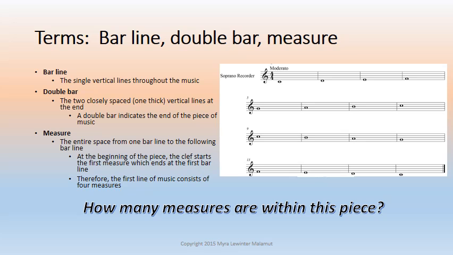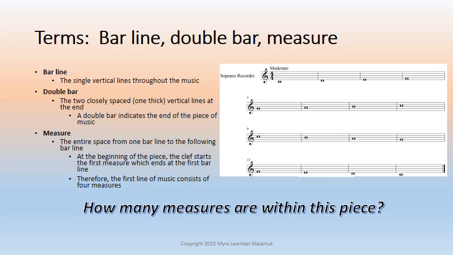A measure is the entire space from one bar line going through to the following bar line. So at the beginning of the piece, the clef starts the first measure. In other words, we don't have a bar line at the beginning of the piece, but the clef counts as the bar line. So the first measure ends with the first bar line, so the note low C is part of the first measure.